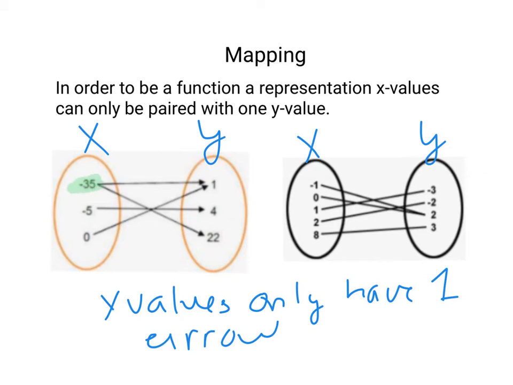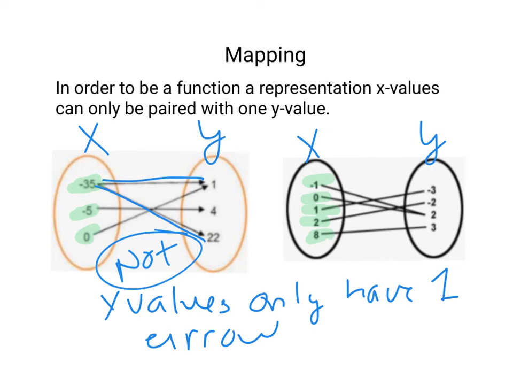So for example here, I see negative 35, negative 5, and 0 are my x values, but I also see that negative 35 has two arrows coming out of it. Because that's true, this is not a function. As compared to the other representation, where I look at these x values, I see -1, 0, 1, 2, and 8.